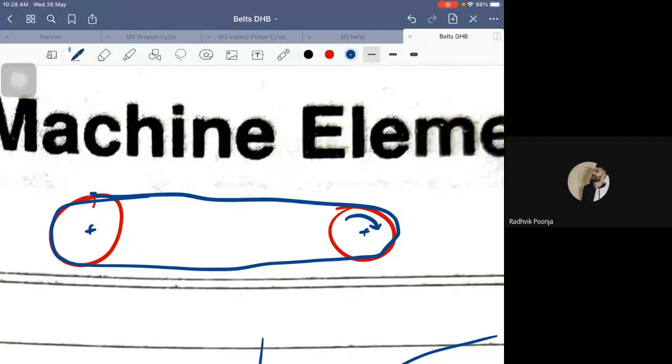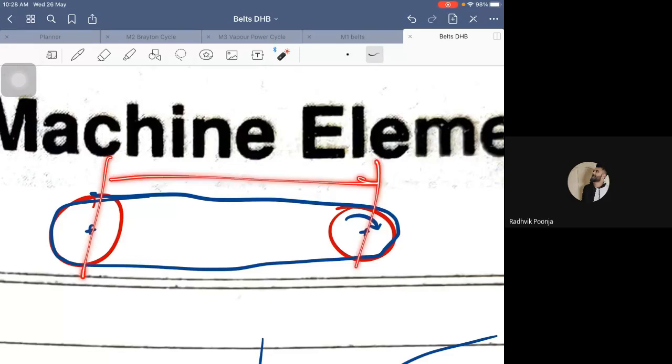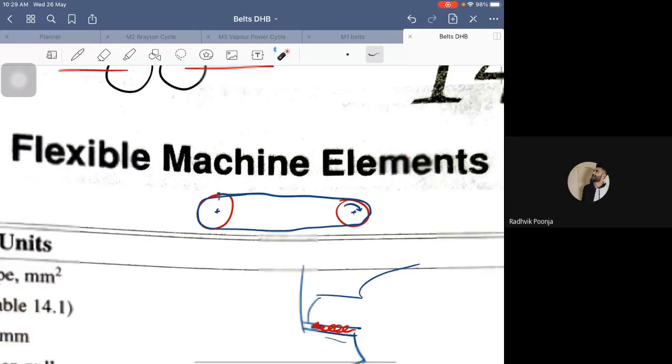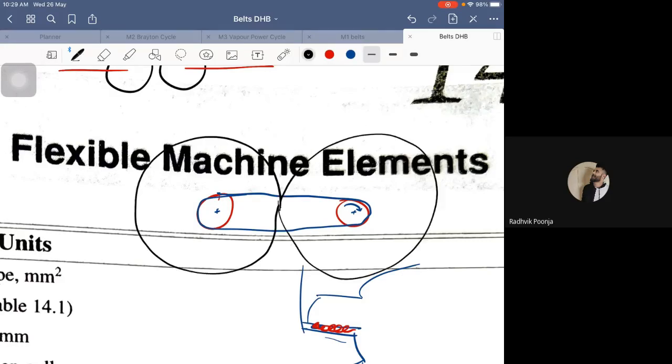The efficiency is also less, but why are we using it? Look at the center distance. So for the huge center distance, you can use the belt to transmit the power. If you want to use gears for the same center distance, just imagine what could be the size of a gear if you try to manufacture like this.